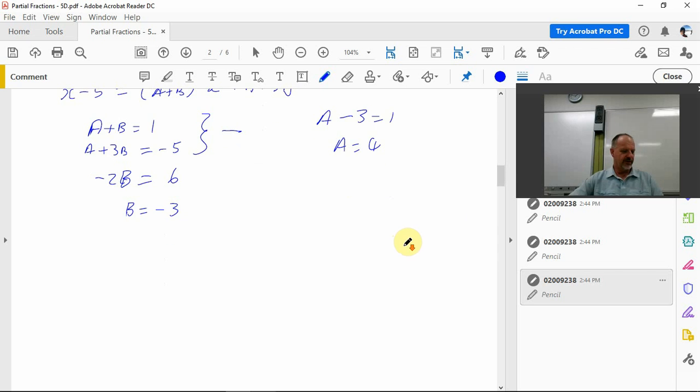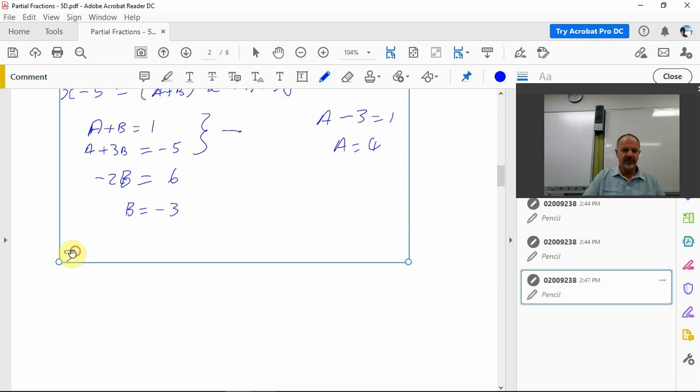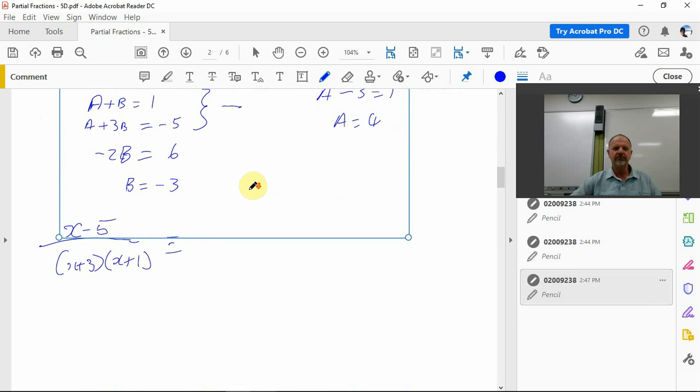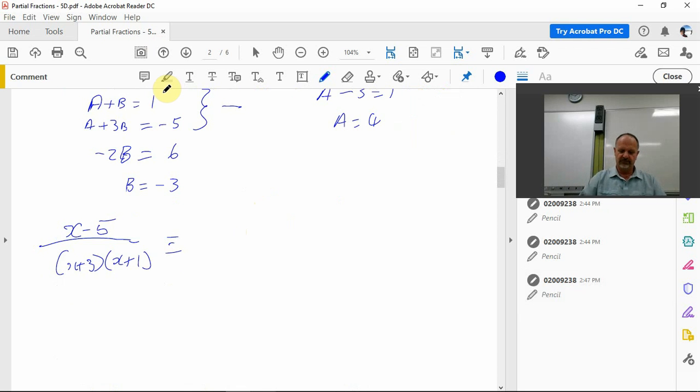So, what do we got then? What we've got then is that what we started with, x minus 5 over x plus 3 times x plus 1, is equivalent to a, up here, coming back up here, a, and a is 4, so it's equivalent to 4 over x plus 3, and then minus 3 on x plus 1.